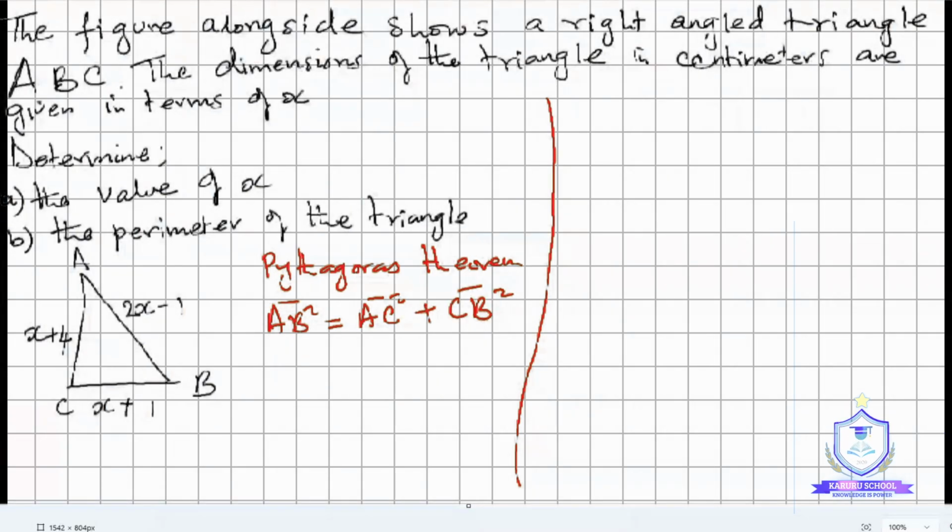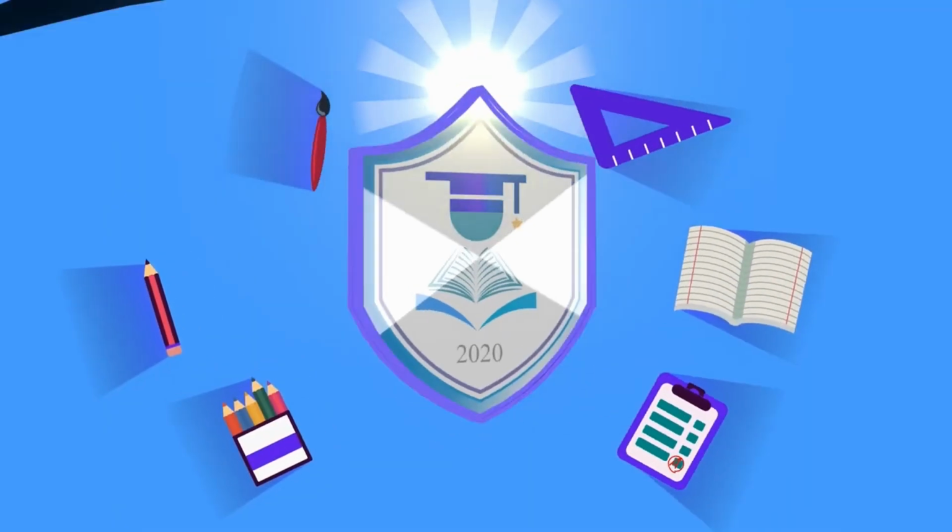So if we substitute in the values, we will say 2x minus 1, the whole of this squared equals AC, which is x plus 4 squared, plus CB, which is x plus 1 squared.